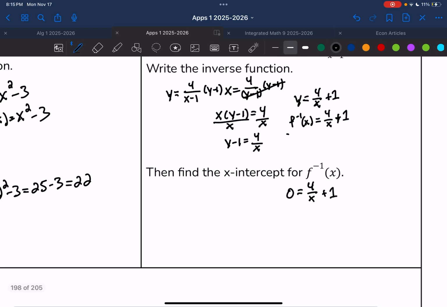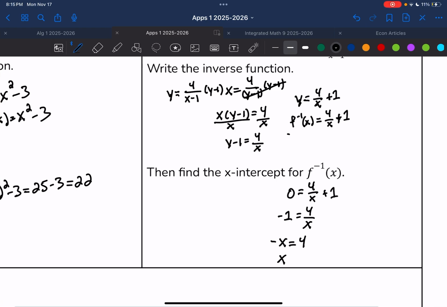I'm just going to do it algebraically since it's right in front of me. That means negative 1 is equal to 4 over x. Negative x is equal to 4. Meaning x is equal to negative 4. So the x-intercept for this function is located at x equals negative 4.